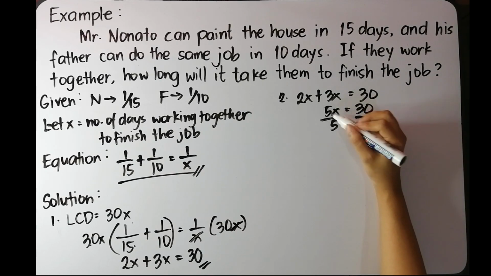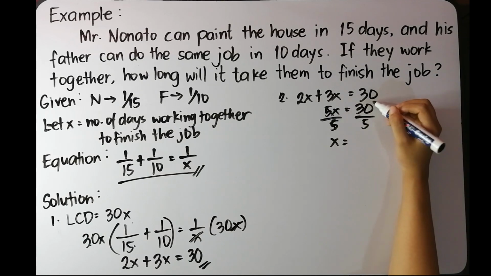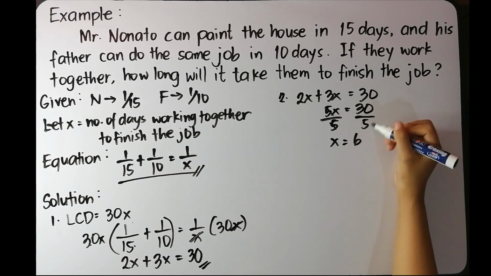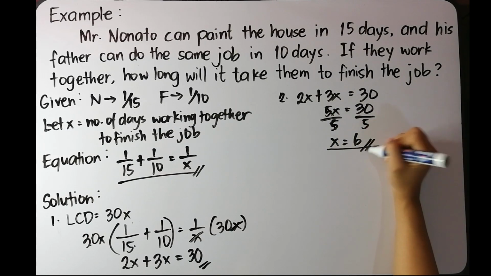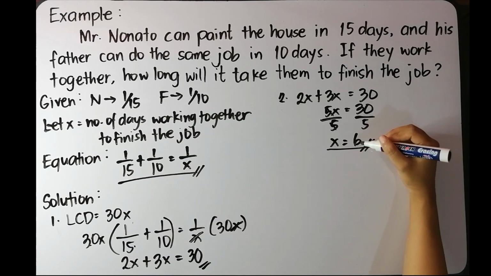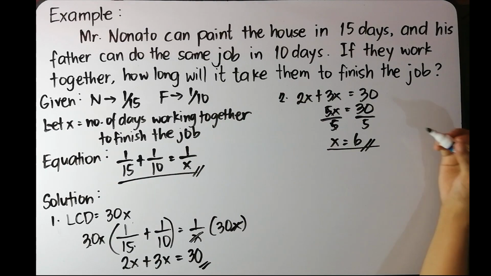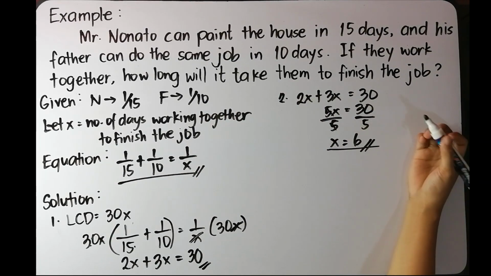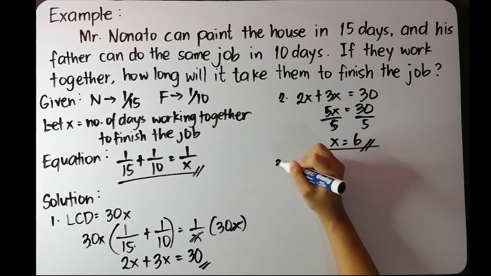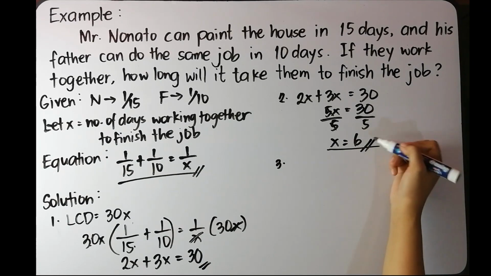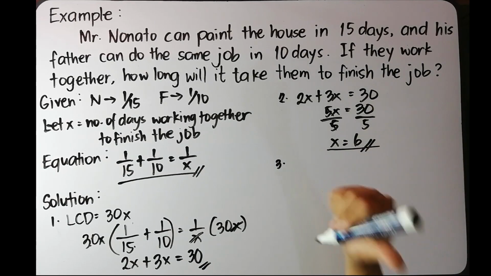So 5x divided by 5 is x. 30 divided by 5 is 6. So this is the value of x, meaning 6, or the number of days for them to finish the job is 6 days.